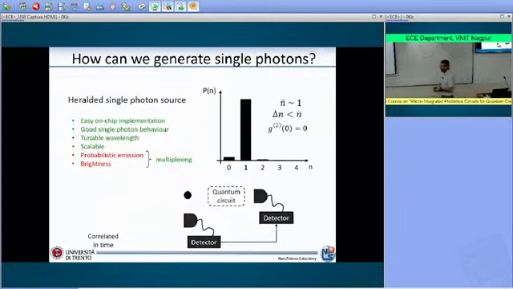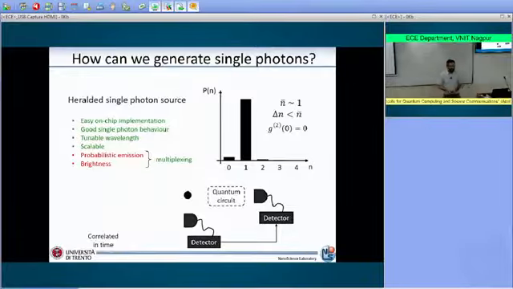Okay? So here the concept is that I use the measurement of one of the two photons in the pair to trigger the presence, to announce the presence of my single photon in the quantum circuit, and therefore to perform the measurements. Okay? So this is the concept. So this is a single photon source. I have a single photon that is heralded by the measurement of the correlated photon in the pair.